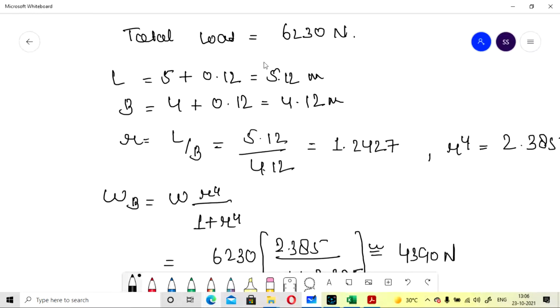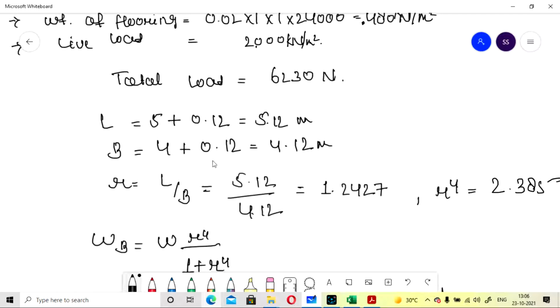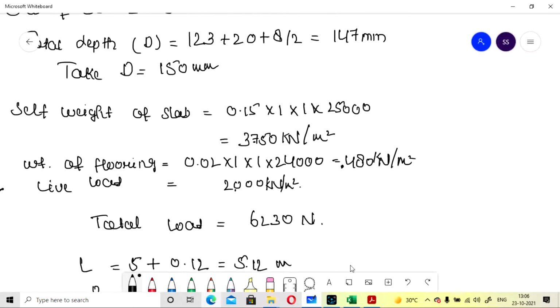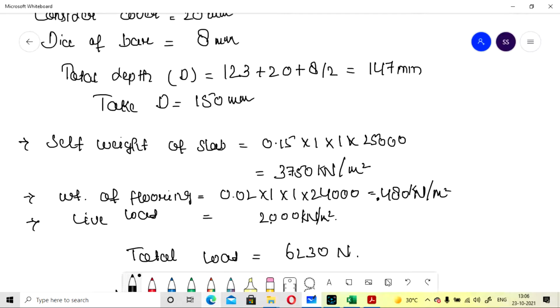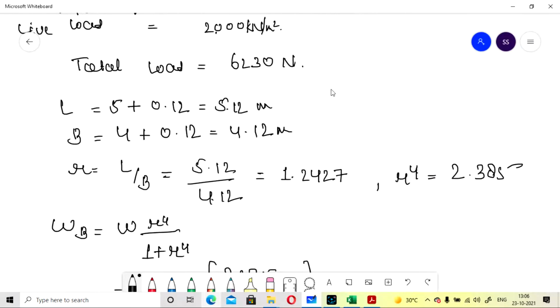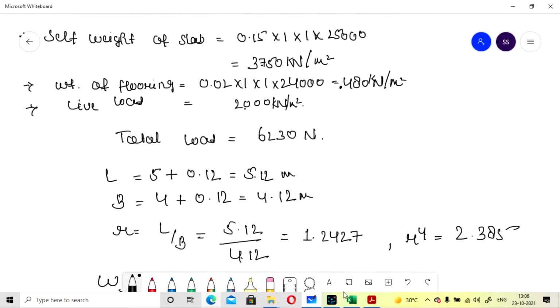So now our span that we are going to use is, so longer span was 5 plus effective depth, that is 120. How we have calculated the effective depth I will show you here. Okay, I haven't mentioned here, 1 minute.